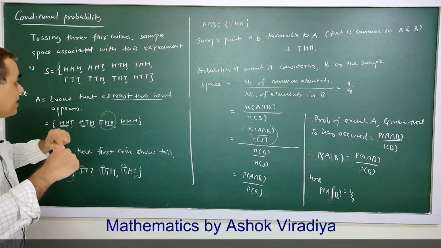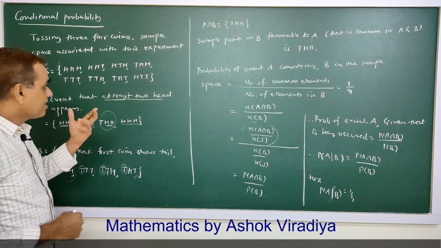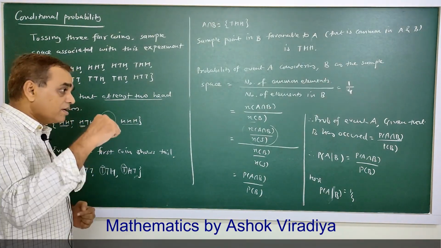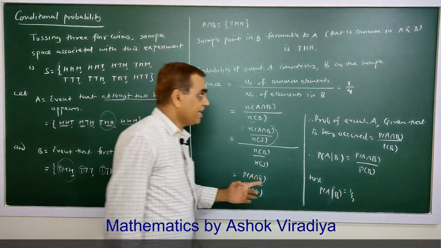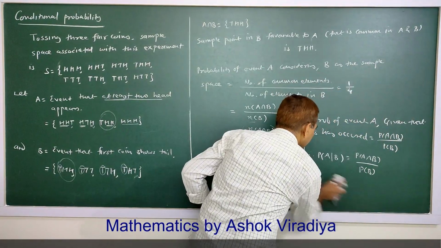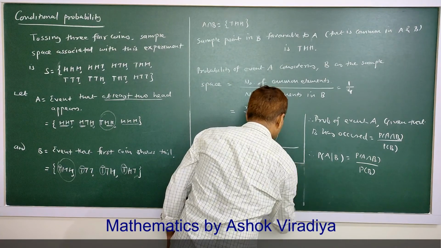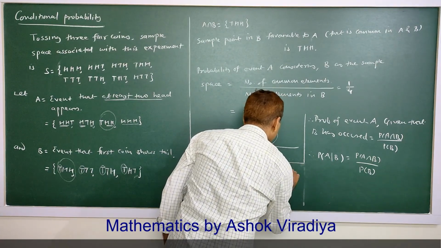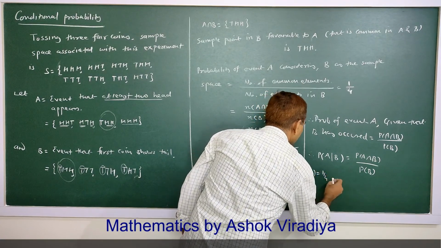That is the probability that at least 2 heads appear given that the first coin shows tail. So putting this in detail, P of A by B is 1 by 4.